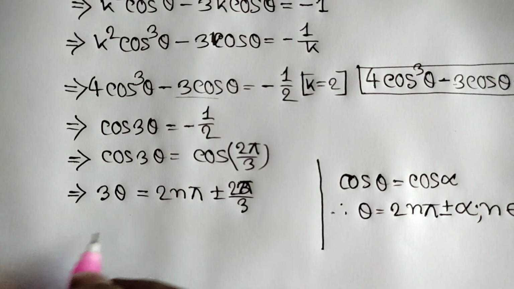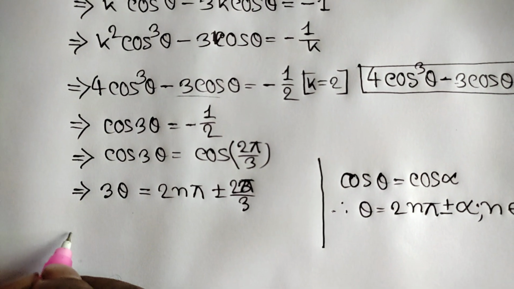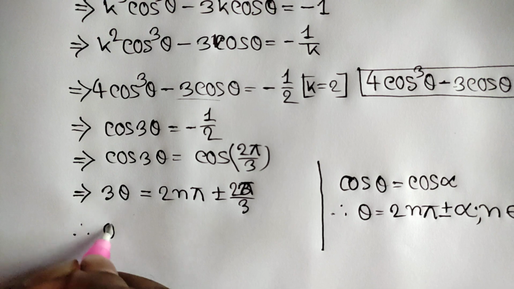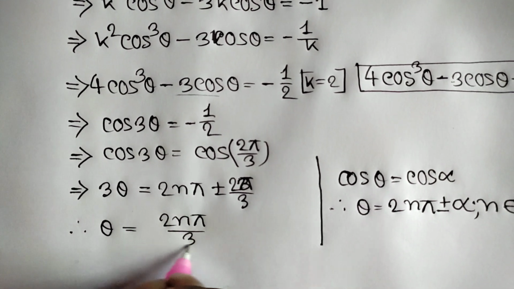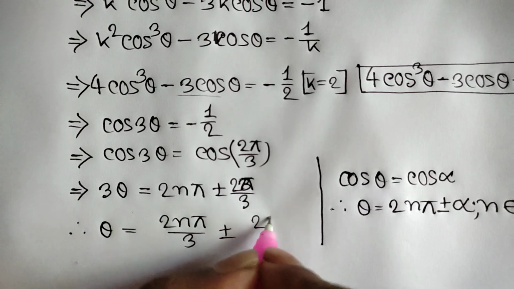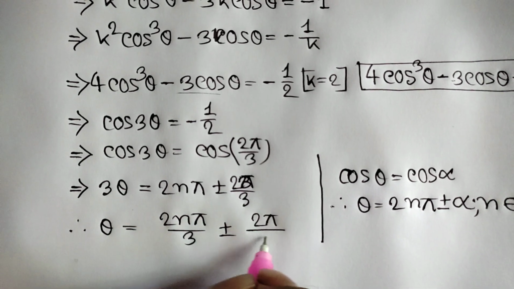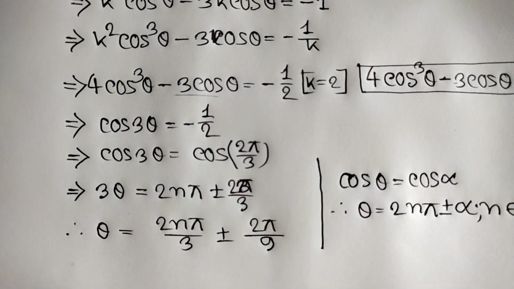Now divide both sides by 3, theta is equal to 2n pi by 3 plus or minus 2 pi by 3 times 3, that means 9.